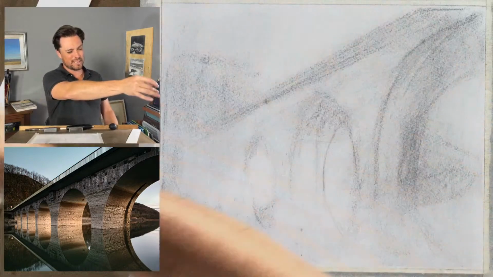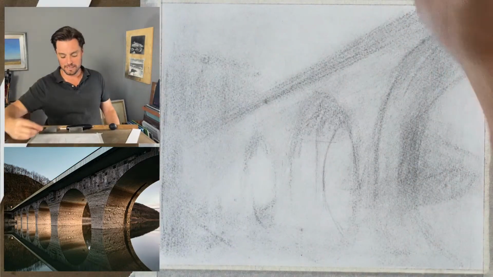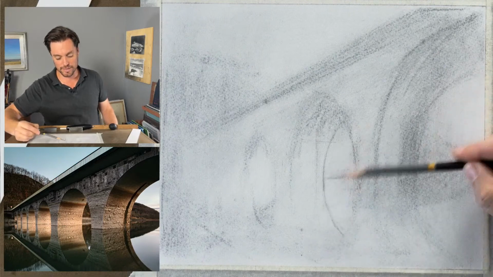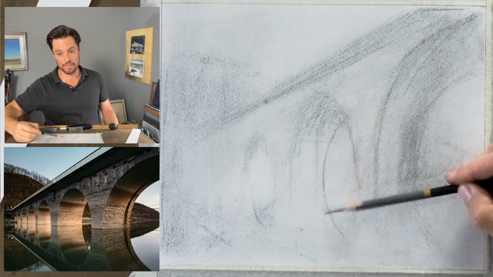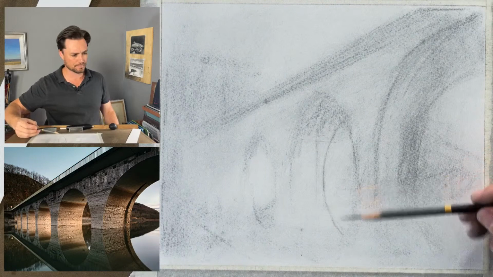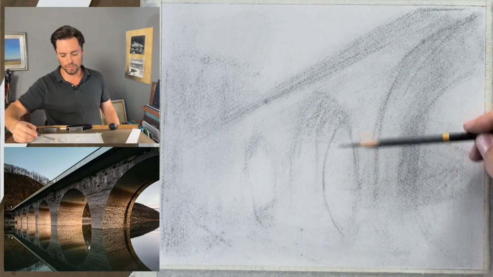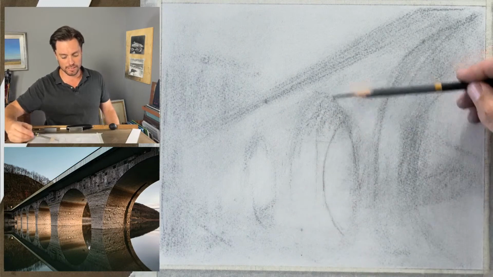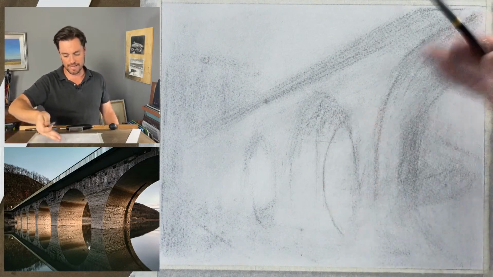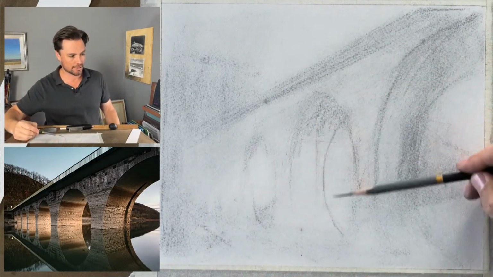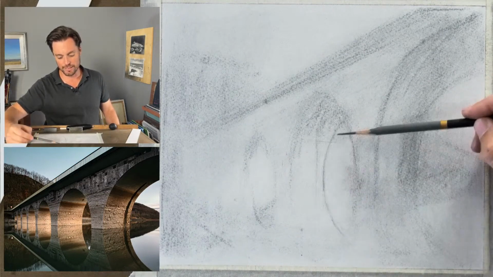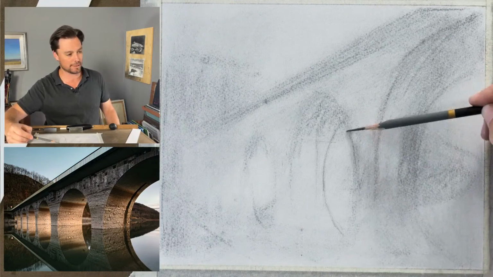One of the things that can be helpful with the arch is to try to break it down into a sequence of shorter, straighter marks and then find that curve. One of the things I notice is there's this gap here between this arch and the outer edge of the next one. And it's not a symmetrical formation. So the curve here is not a reflection of this curve.